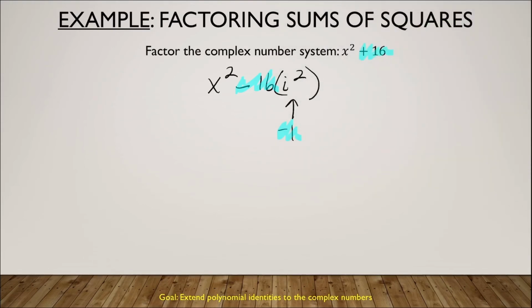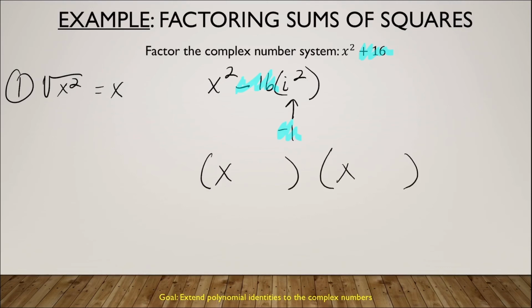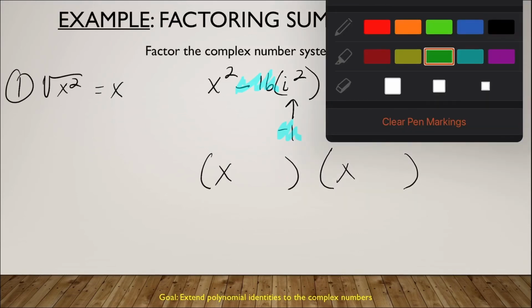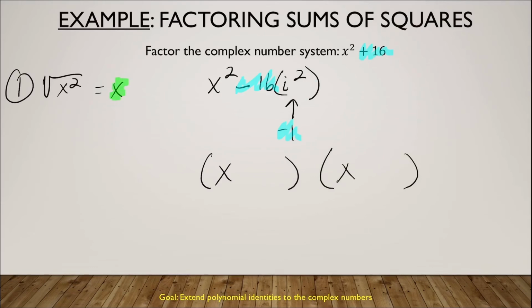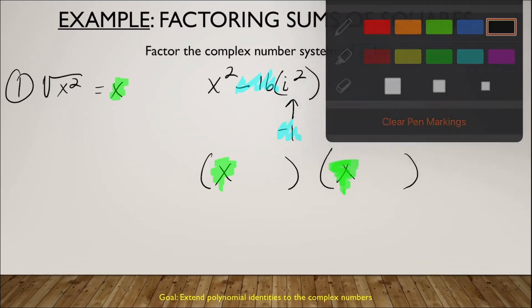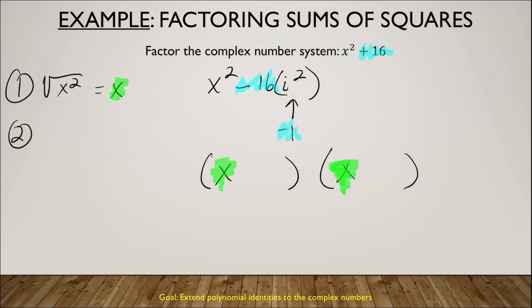And then we can do this just like how we factored before. What is the square root of my first term? That's x. So my first term in each factorization in my factored form is going to be x. The second step would be to take the square root of my second term, which is 16.